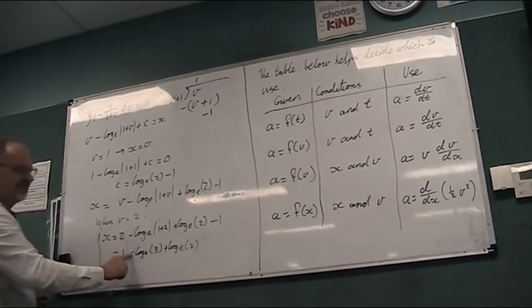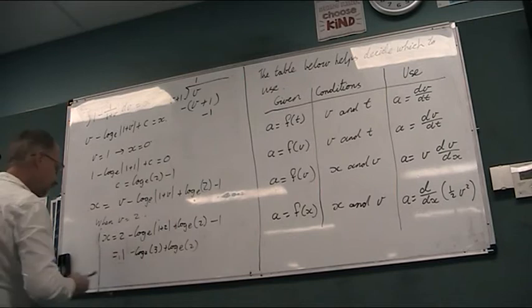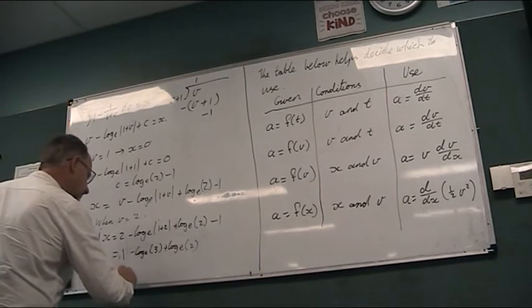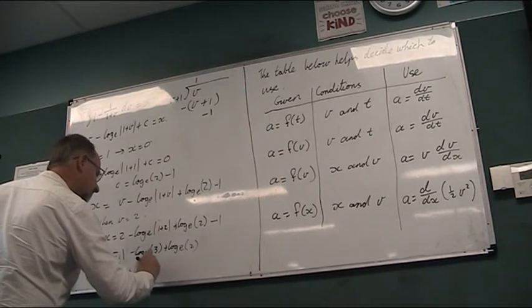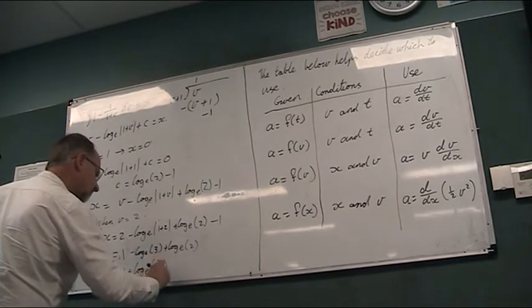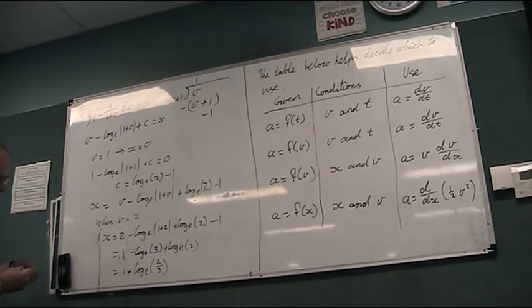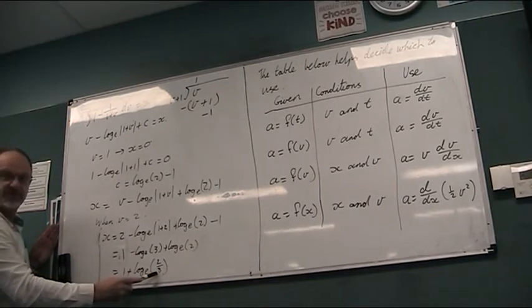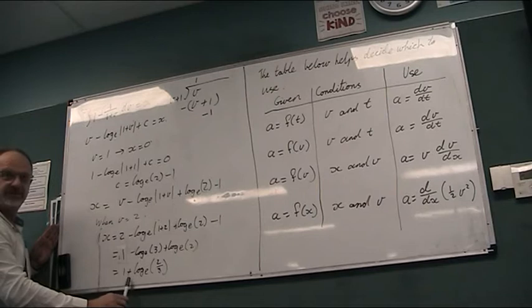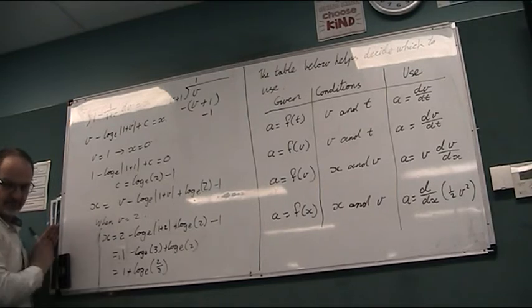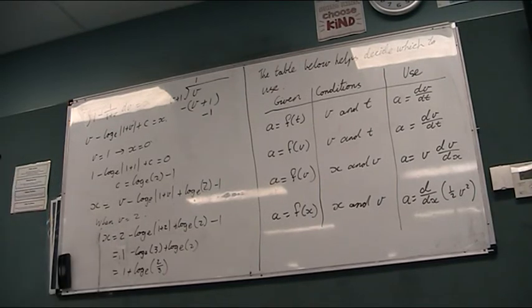All right, there's a negative in front of this, and this negative in front of this here puts the 3 down the bottom, so therefore it's plus here. All right, so there's that. Anything about that?